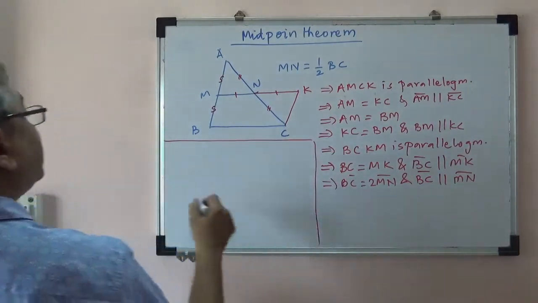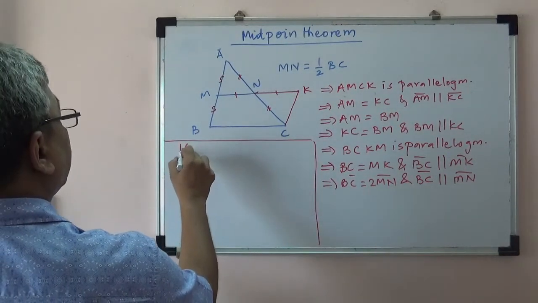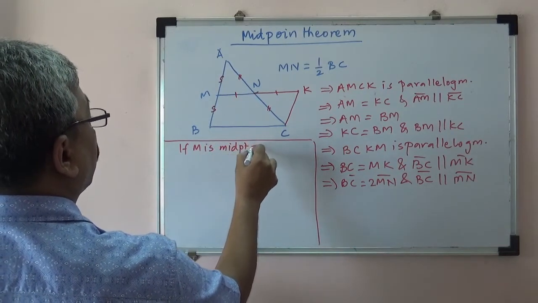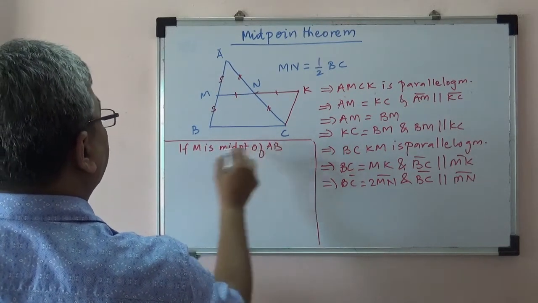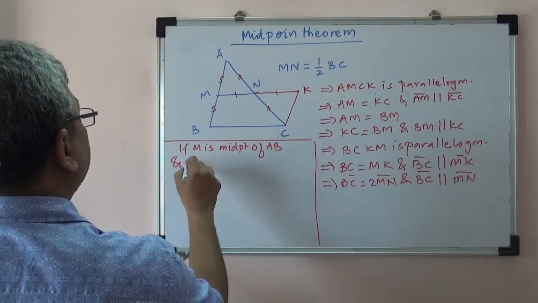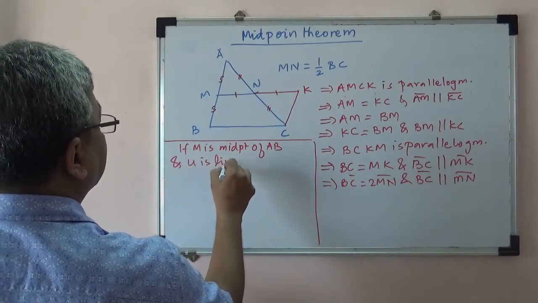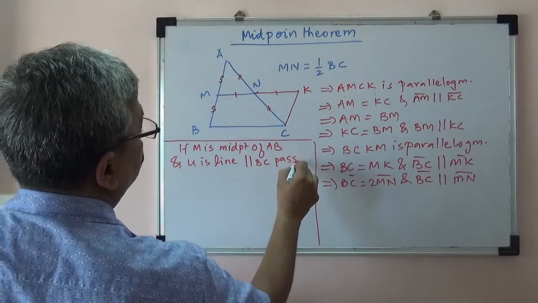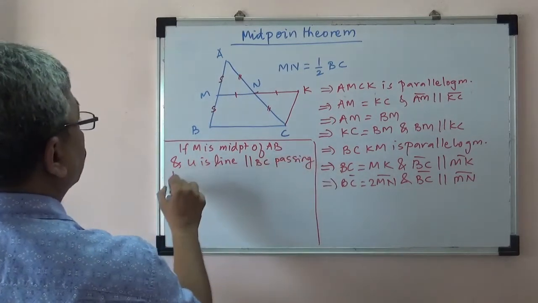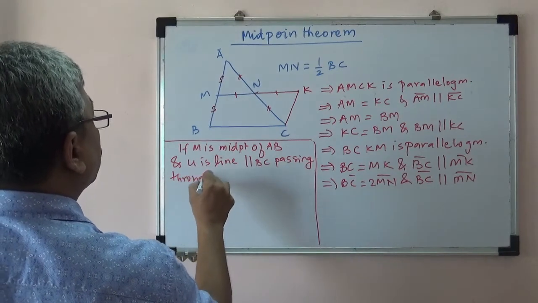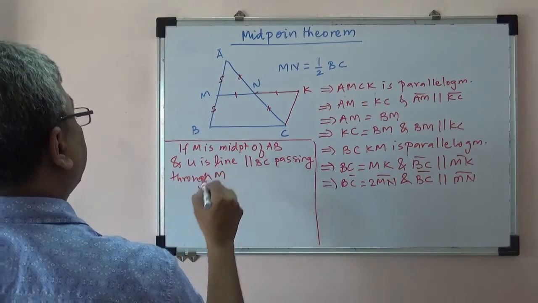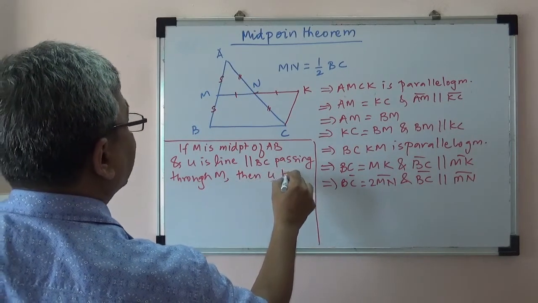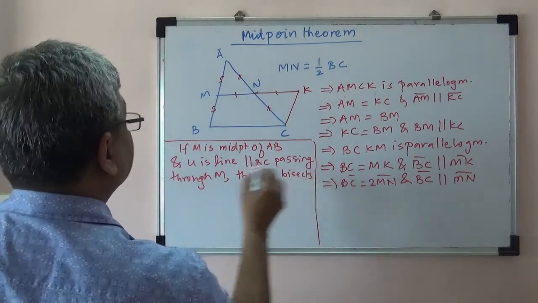Now the next and the last theorem in this particular lecture is the converse of the midpoint theorem, and it goes like this. If M is the midpoint of AB and U is a line parallel to BC passing through M, then U bisects AC.